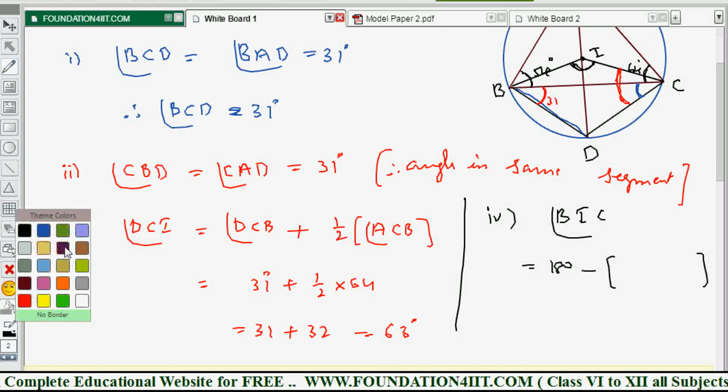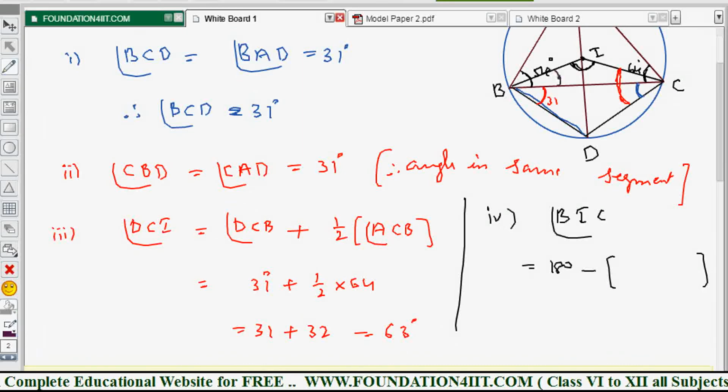That means IBC and ICB. These both angles you need to subtract.